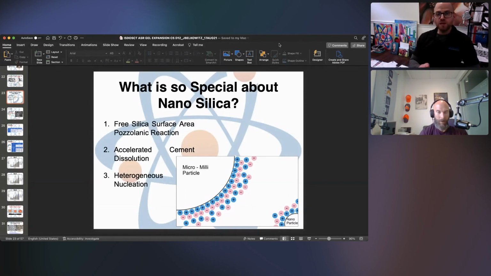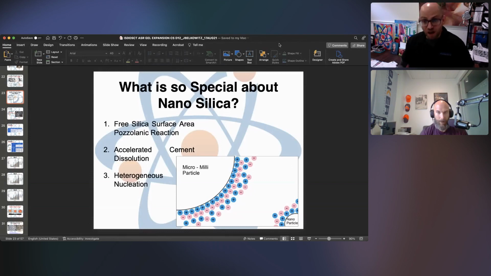There's a wonderful paper written back in 2012 by Land and Stephen that talks about this instantaneous pozzolanic reaction, which they refer to as a calcium silicate hydrate seeding effect because it happens so fast. That normally wouldn't happen with silica fume, class F fly ash, or anything else that's in the micro realm.